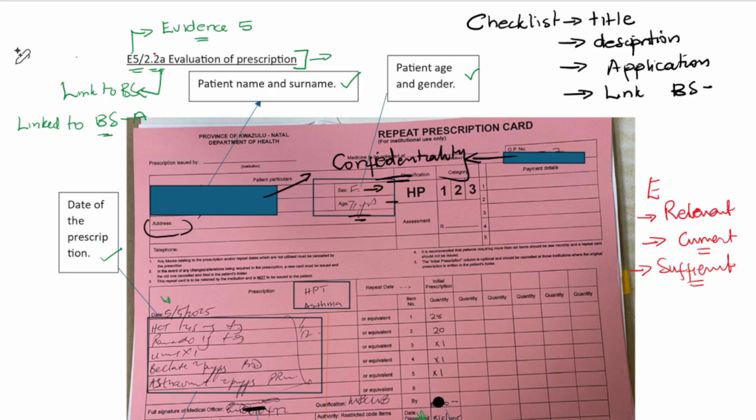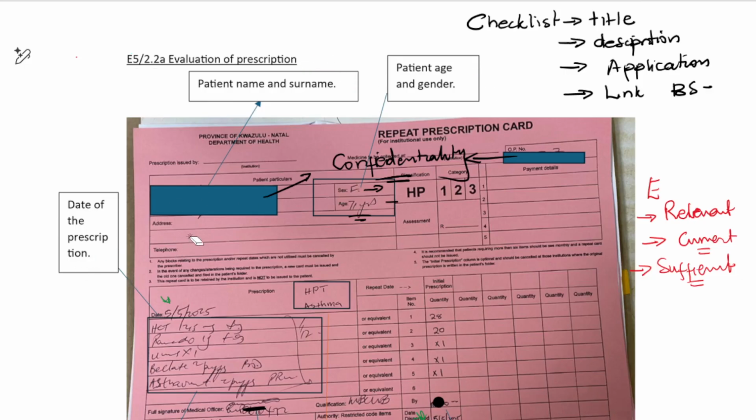So with all of this said, how can we then improve the quality of this evidence? Because yes, it's okay for you to provide a prescription that you evaluated, that you applied this specific domain. But how can we make sure that you improved on the quality of this?